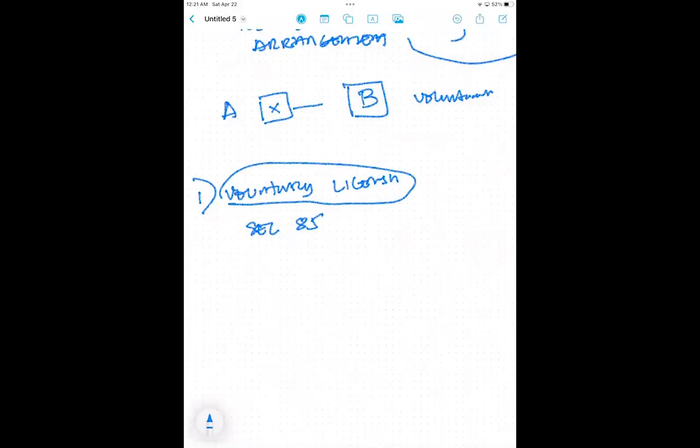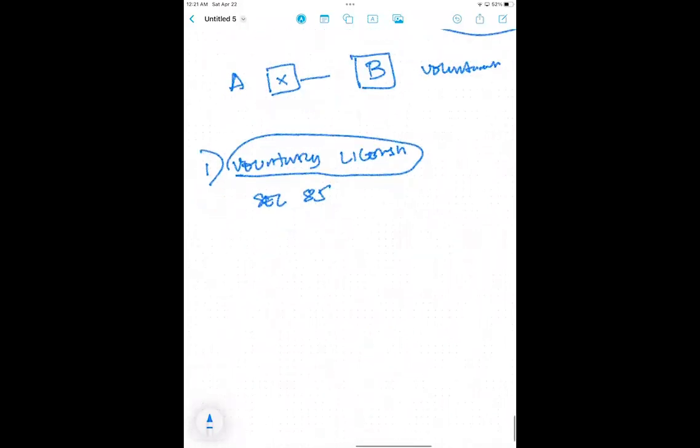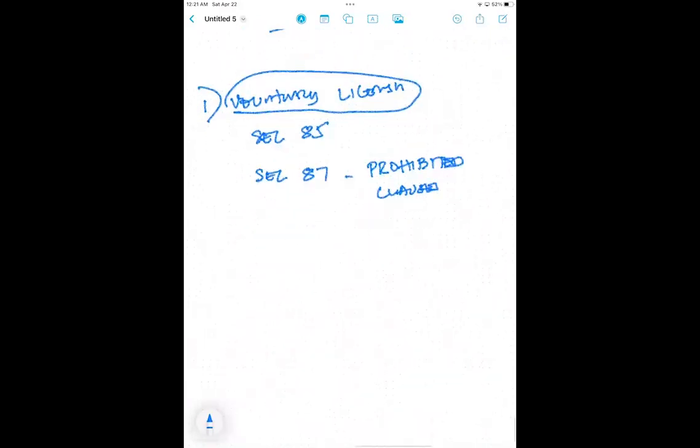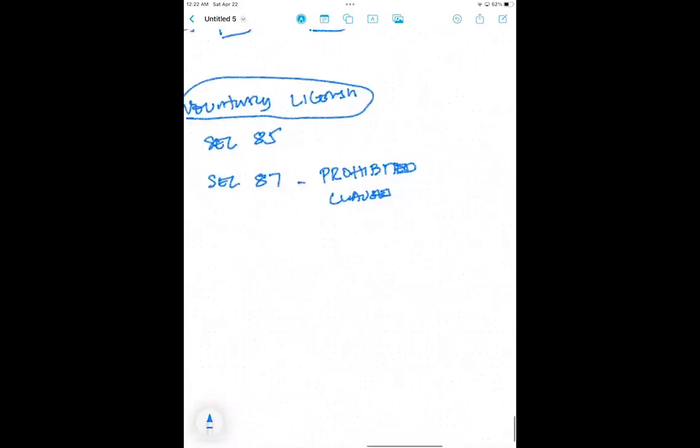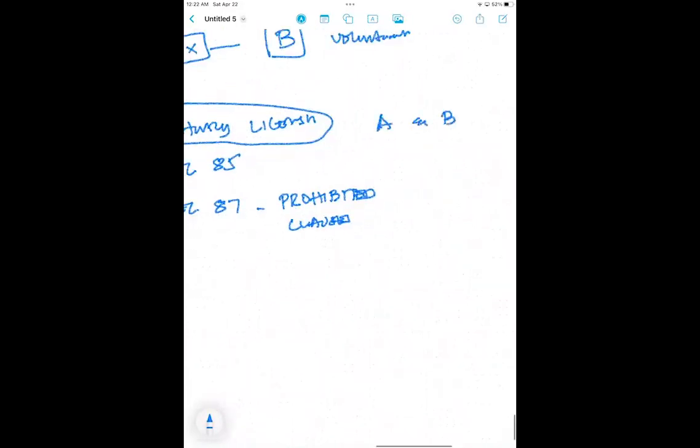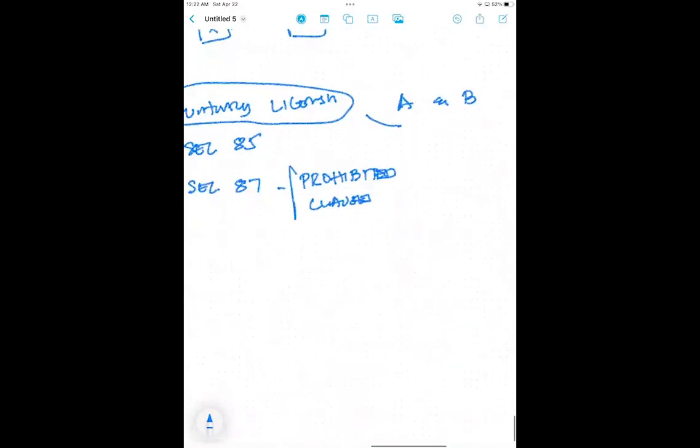We apply the principle of contract that parties are free to stipulate, etc., etc. However, in Section 87, it contains what we call prohibited clauses, meaning the law says that whenever A and B would conclude voluntary licensing, they should not include in the license any of these prohibited clauses.